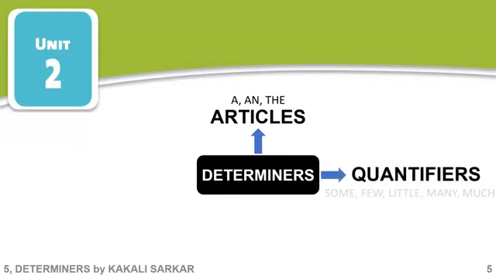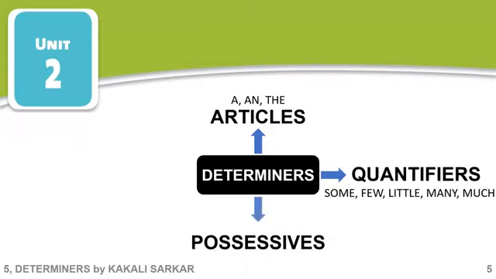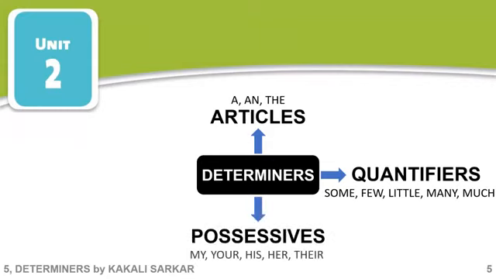Words such as some, few, little, many, much identify the quantity of nouns, so they are called quantifiers. Number three, possessives. My, your, his, her, their. These words show ownership or belongingness, so they are called possessives.